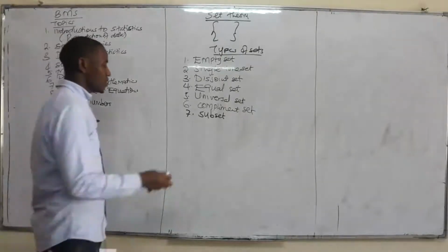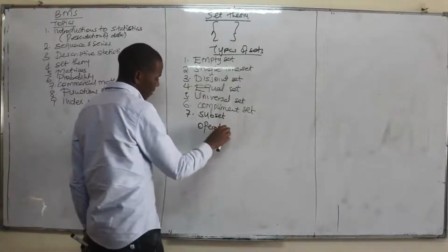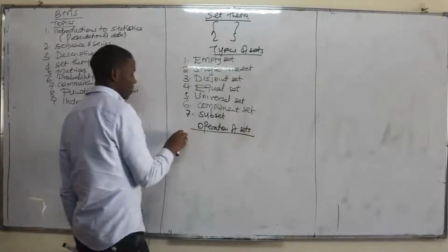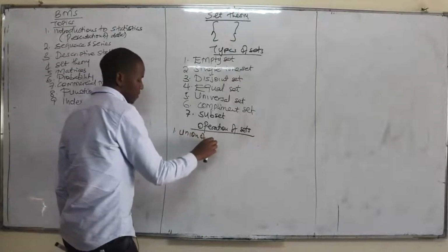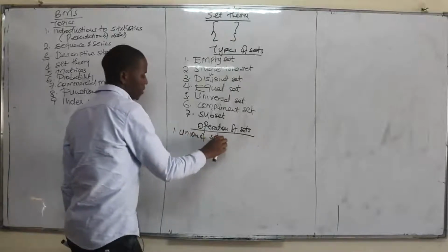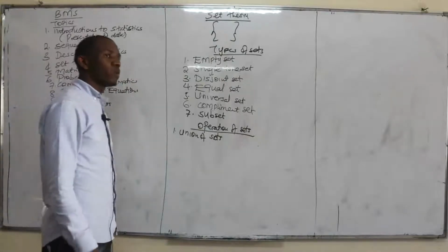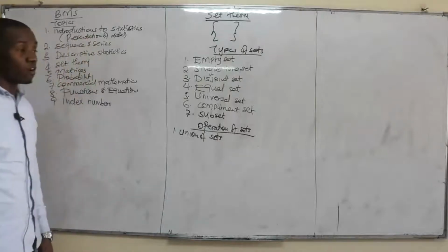Now we have what we call the operations of sets. Of the relations of sets, we have what we call the union of sets. When we talk about the union of sets, this is the addition of all the sets.